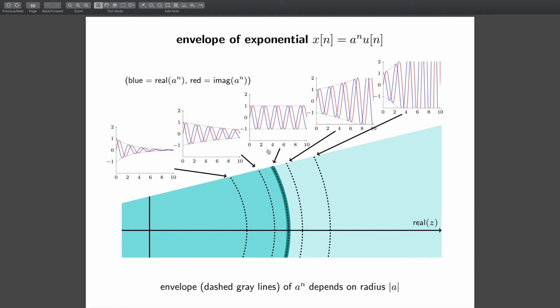And when you actually have a radius of 1, you have a constant envelope signal with neither decay nor growth. But then as that radius becomes larger than 1, you begin to get growth in the waveform. And as it becomes larger and larger, the rate of exponential growth increases.